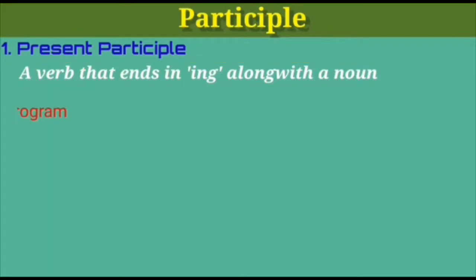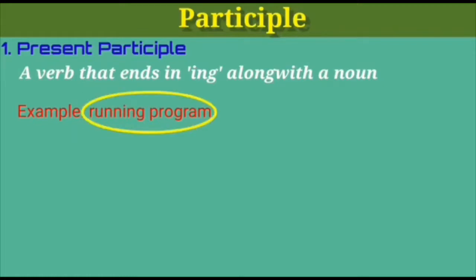For example, running program. Run is a verb, but we have put ing next to it, and it comes next to program. So whenever a verb ends in ing and comes along with a noun, that is called present participle.